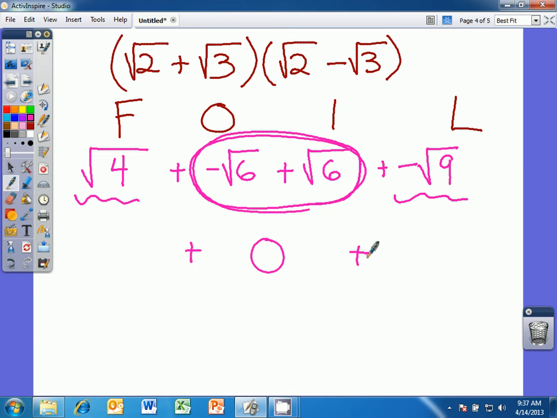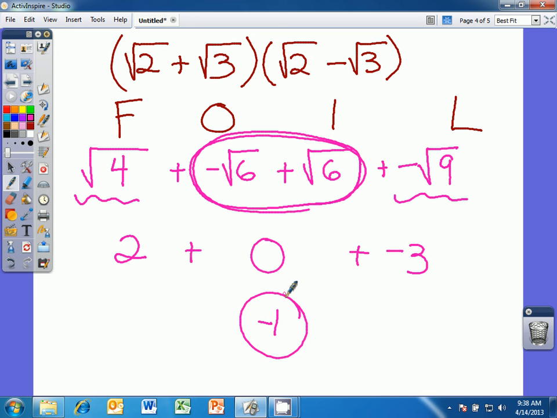Square root of 4 is 2. Square root of 9 is 3, so I have a negative 3. So now I can combine all those terms. I get 2 plus 0 minus 3, which is a negative 1. So by multiplying conjugates, I've removed all radical expressions.